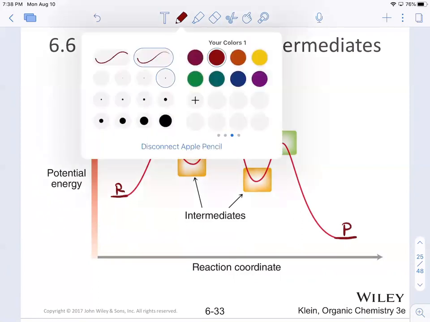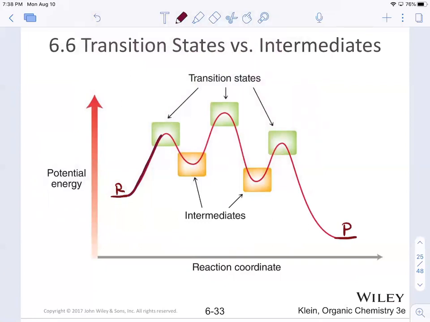When we start thinking about the kinetics, what happens in between? I'm going to label this as step 1. That first hill is going to be a transition state. I'm going to say transition state 1. It will have an activation energy, EA1.